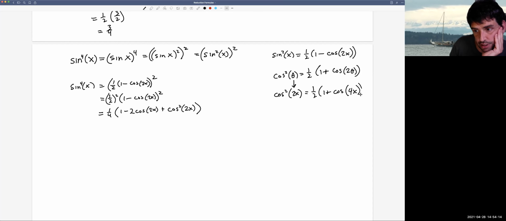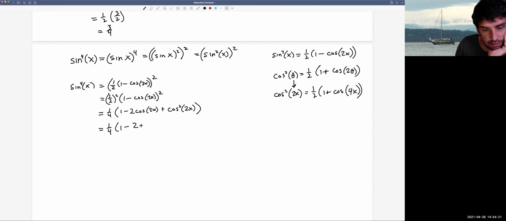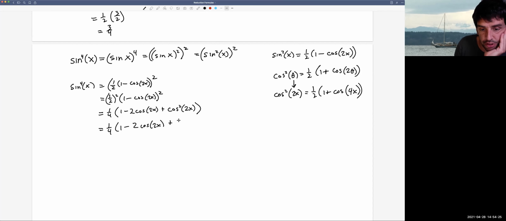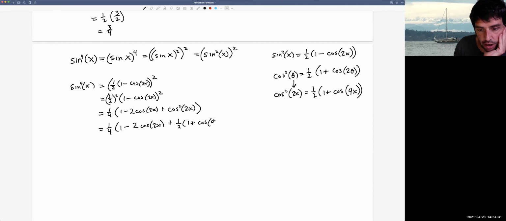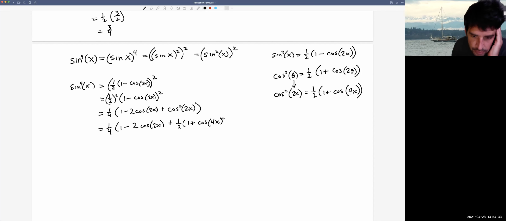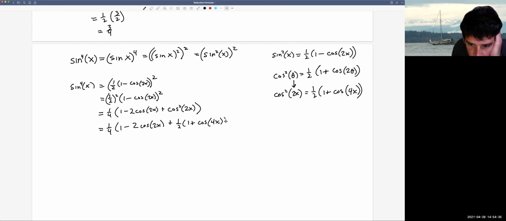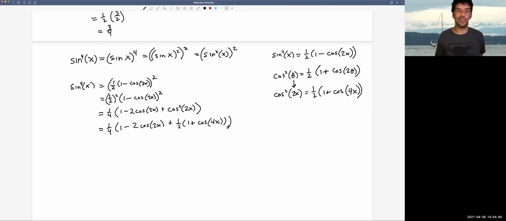So I can rewrite this cosine squared as 1/2 (1 plus cosine of 4x). Let's see. There. I think I got all of my parentheses.